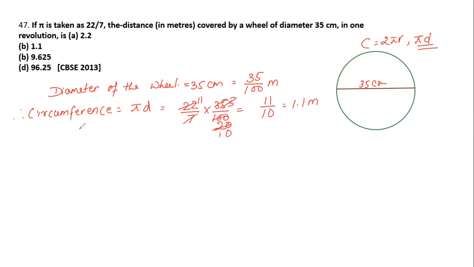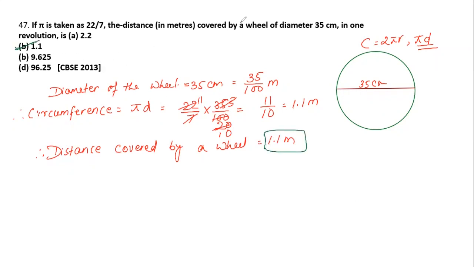Therefore, the distance covered by a wheel is equal to 1.1 meter, which is our answer, and the correct option is option B.